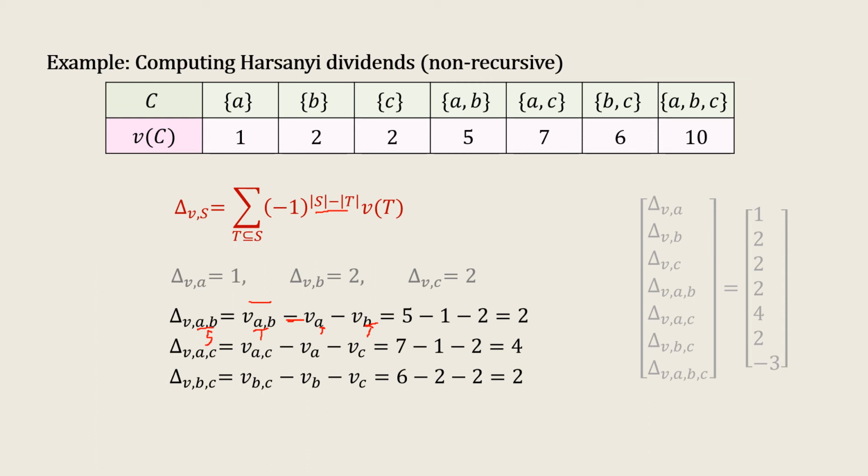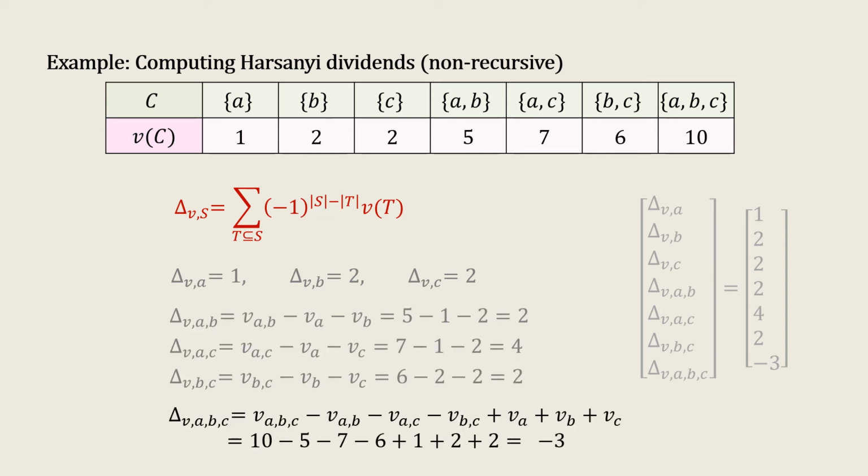V of A. And likewise, this is negative V of B, the third term that I get here, and plugging in the numerical values, I get 2. In a similar manner, I can work out delta AC and delta BC to obtain 4 and 2 respectively. So I have verified all these deltas again.